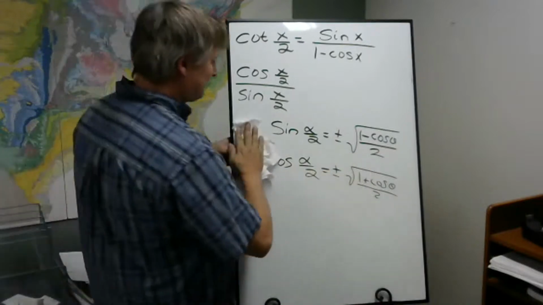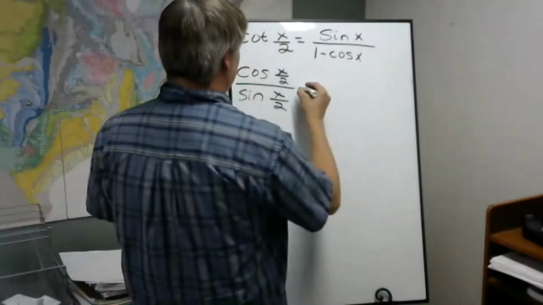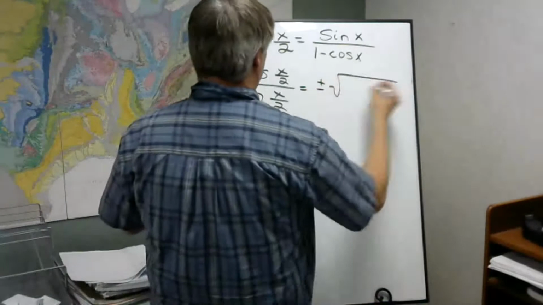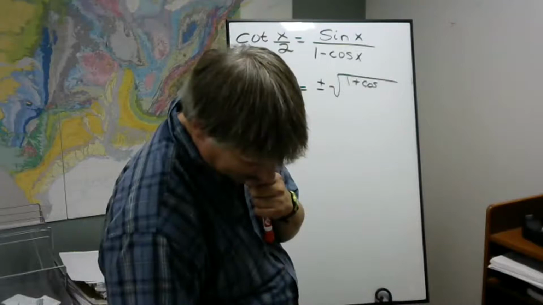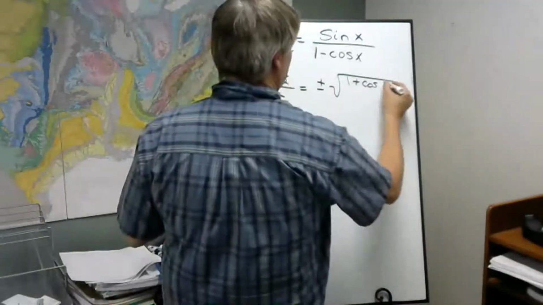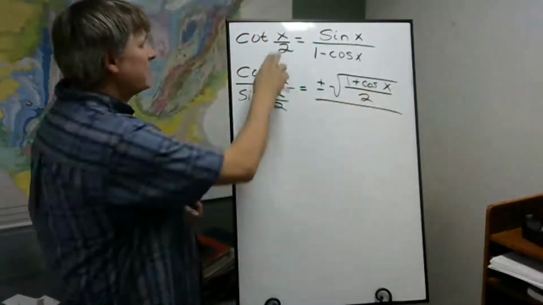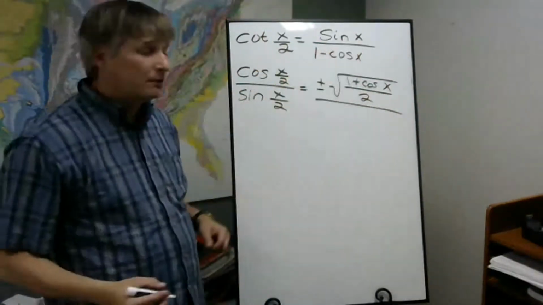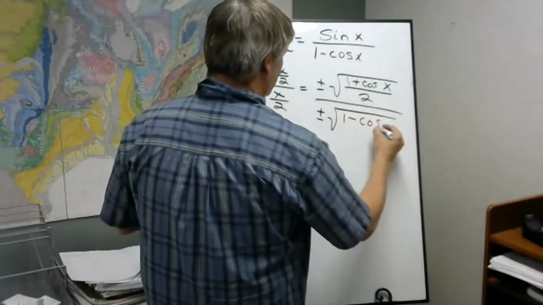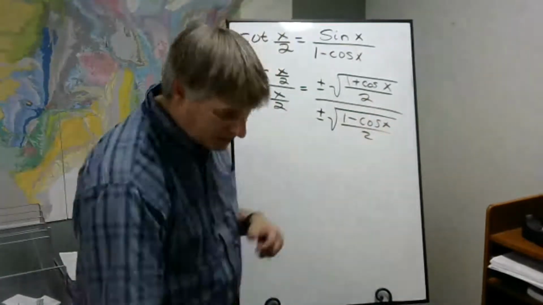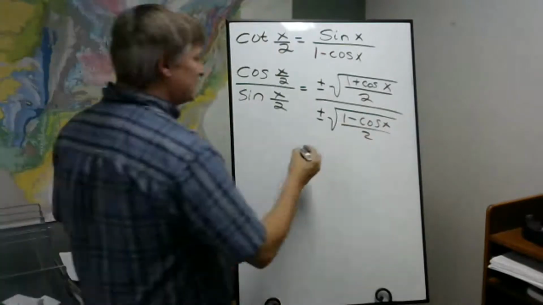Let's see what that does. Well, that gives us a cosine of x instead of x over 2. So we've gone from this to this. So far, so good. Let's try this. Double check, make sure we got those correct. Okay, looking good. Now we can combine the square roots.